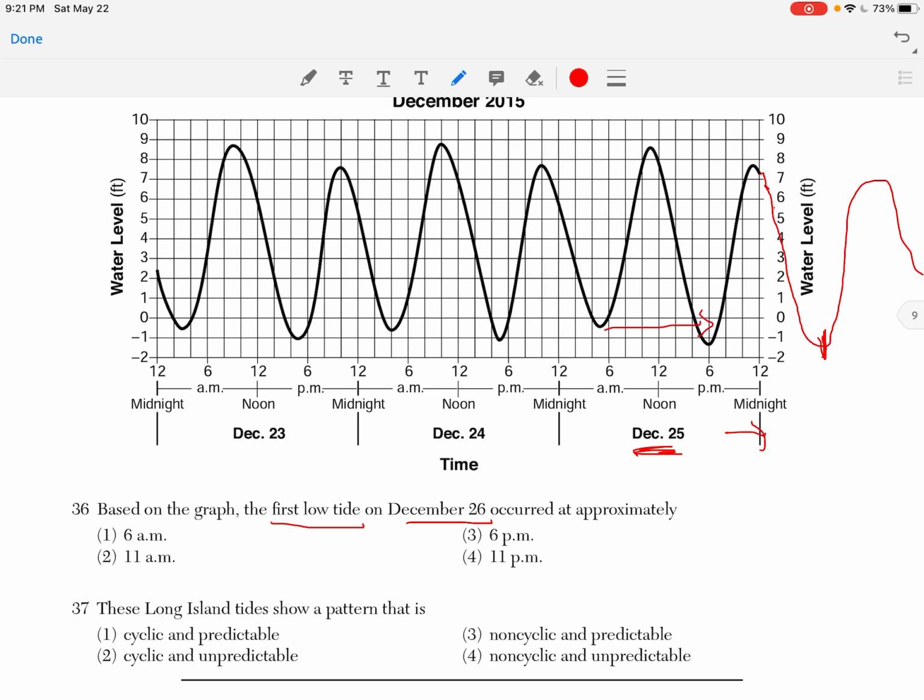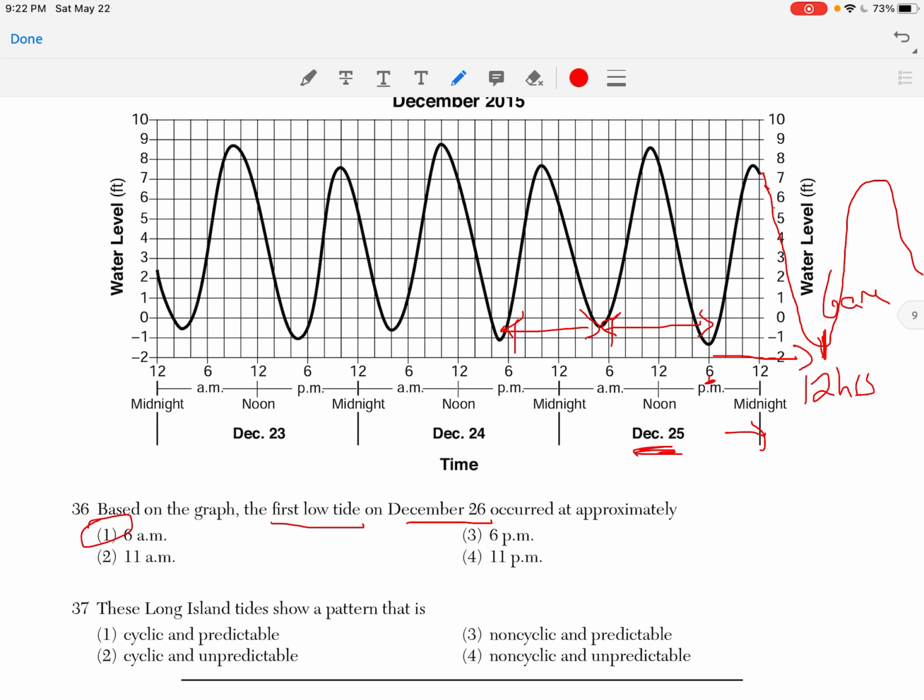So how long is it between here and here, or from here to here? The time difference between these, as you can see, is approximately 12 hours. It's not exactly 12 hours, but it's close enough, and that's all we really need to know. So we're going to assume, going into the future, 12 hours would bring us to the next low tide. And what time would that be? Well, this is 6 p.m. right here, so 12 hours into the future would be 6 a.m. the next morning. So the answer to this question is number 1.